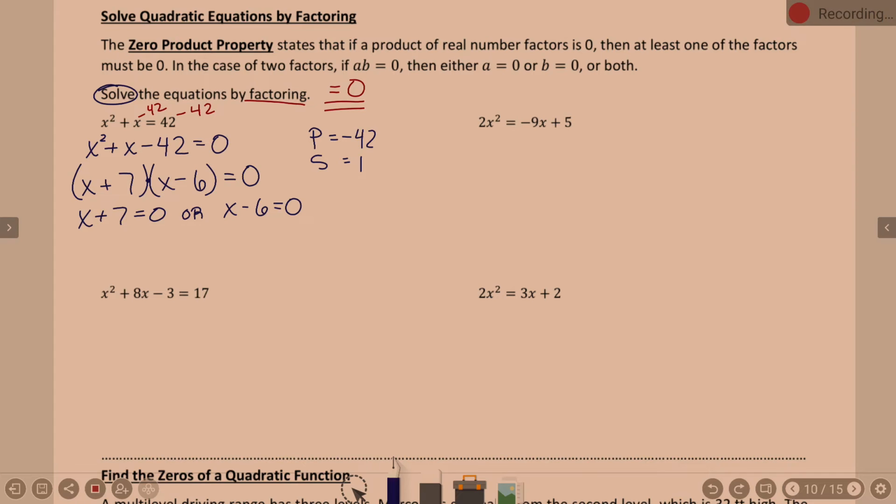So if we solve, I set each part equal to 0. If it says x plus 7, what are we going to do? Subtract 7 and you get negative 7. If it says x minus 6, I'm going to add 6 and we're going to get x equals 6. And guess what?